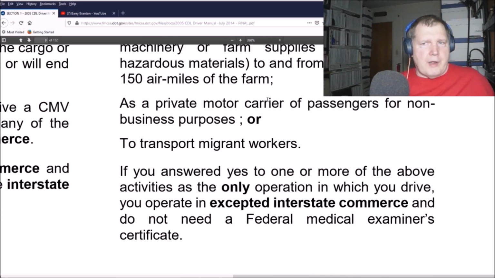As a private motor carrier of passengers for non-business purposes, or to transport migrant workers. If you answered yes to one or more of the above activities as the only operation in which you drive, you operate in accepted interstate commerce, and you do not need a federal medical examiner certificate.